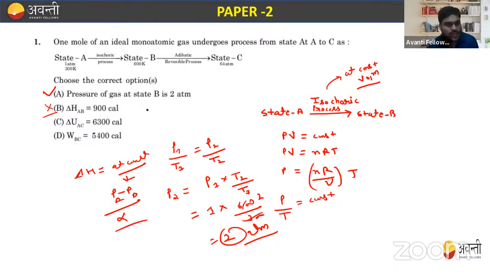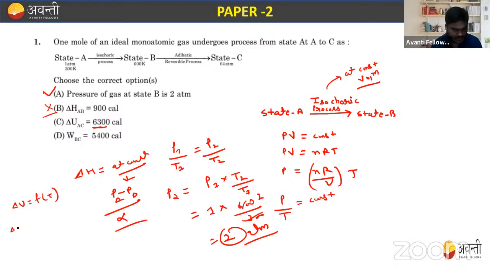Now, delta U_AC, from A to C, that is from isochoric, that is constant volume, and adiabatic. So from A to C, this is 6300 kilojoule. Whether it is true? Yes, this will be true. Because how will you calculate this? We know that delta U is a function of temperature only, right?